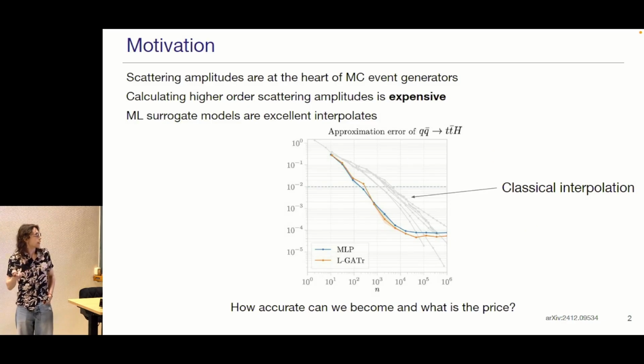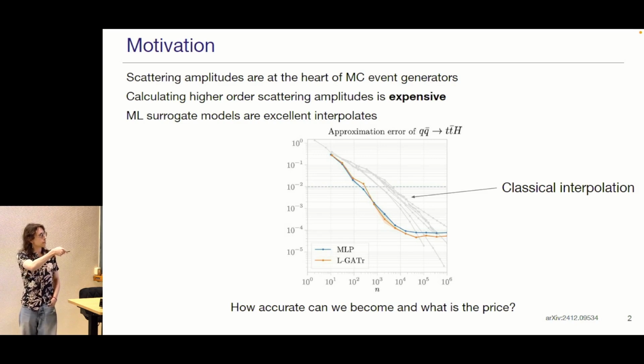So the easiest solution seems to be using machine learning to predict scattering amplitudes, and they seem to be excellent interpolators for them.